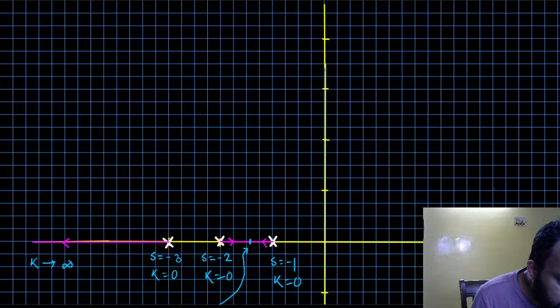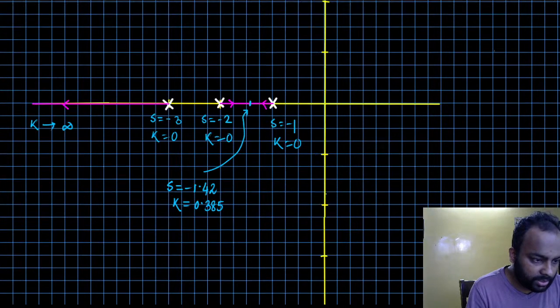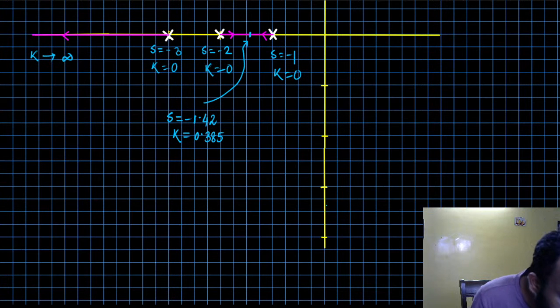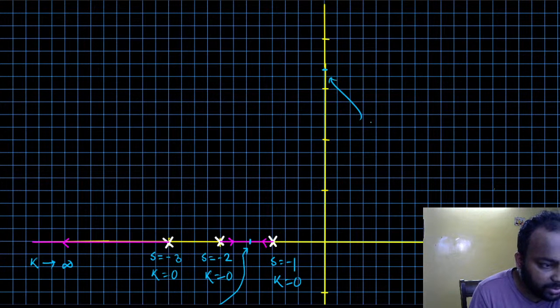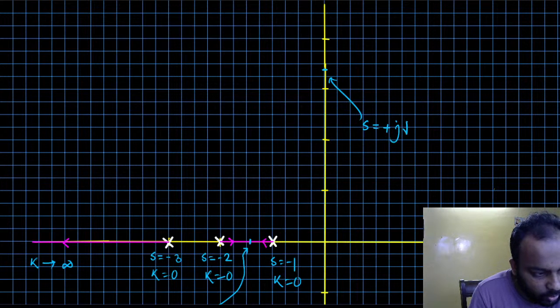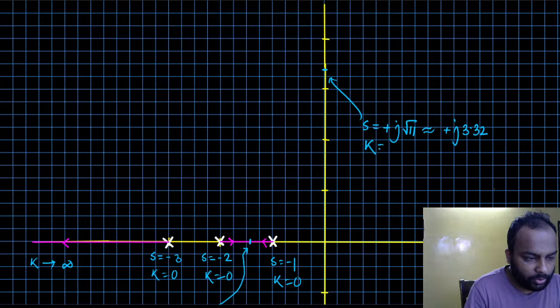That is going to be approximately 3.32. So these are those points essentially. These are s equal to plus or minus j root 11, which is approximately plus or minus j 3.32, and this happens at gain k equal to 60.